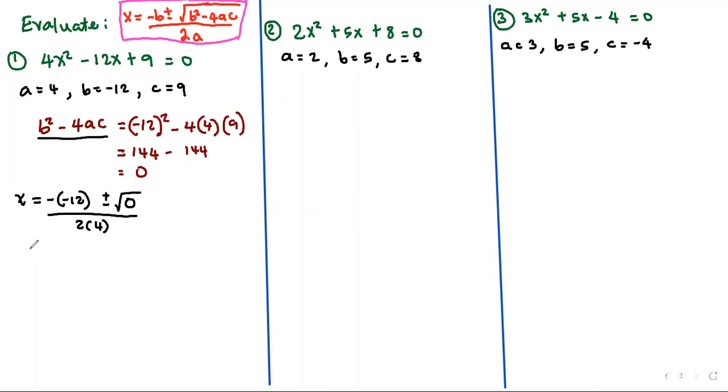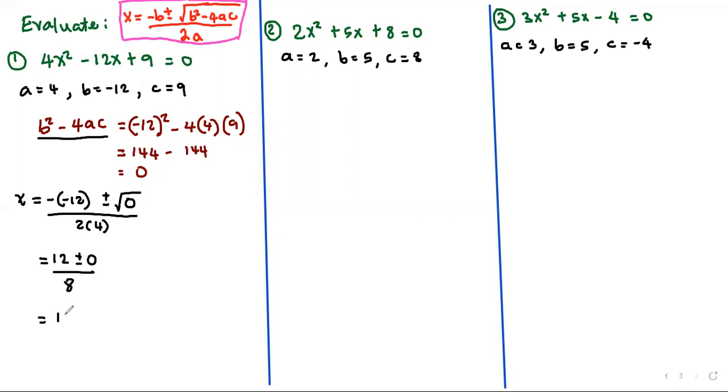You see that? So if we continue, a negative of negative 12 will give you positive 12. Now, plus or minus the square root of 0. The square root of 0 is 0. Out of 2 times 4, which will give you 8. Now 12 plus 0 will give you 12, and even 12 minus 0 will still give you 12.